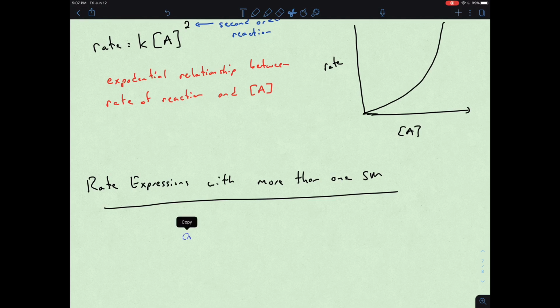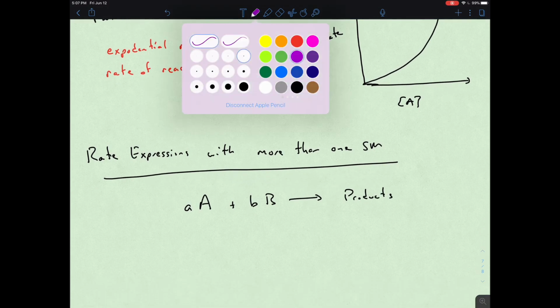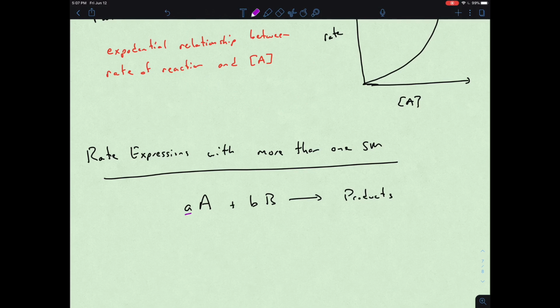So if we had, let's say, molecule A plus molecule B goes to our products, here again we have our stoichiometry, which is not important to order or anything like that.